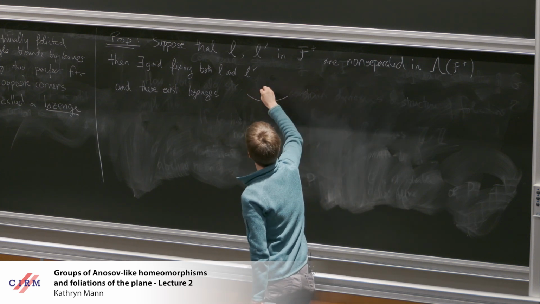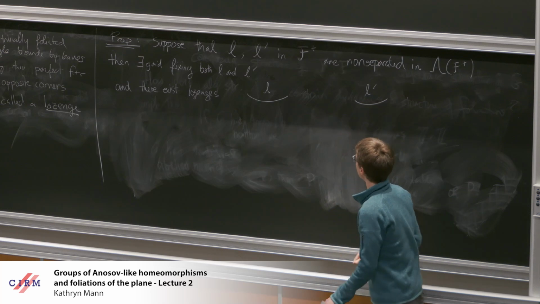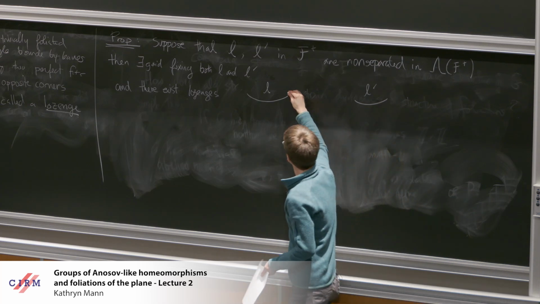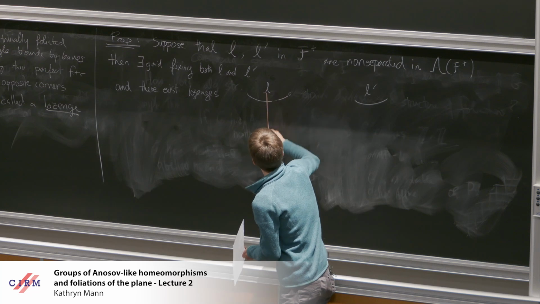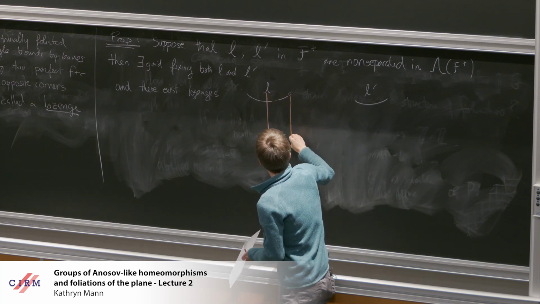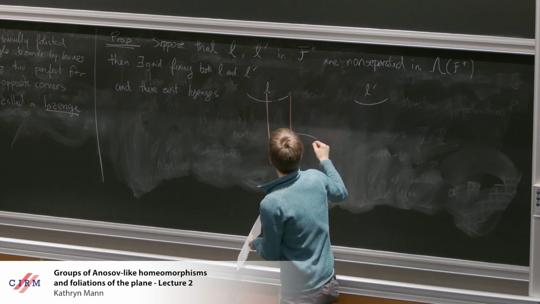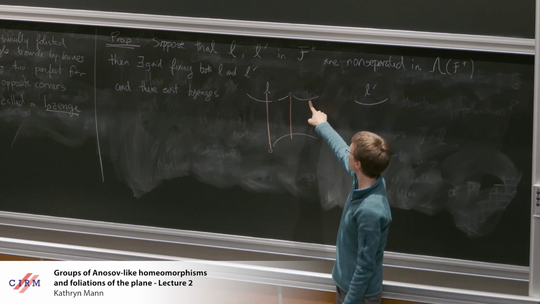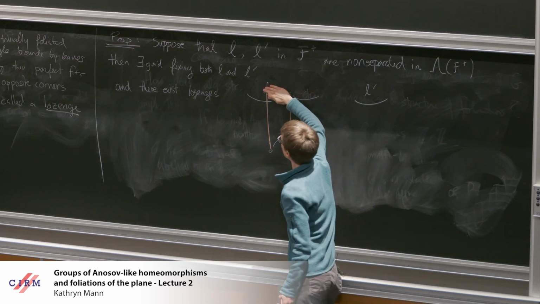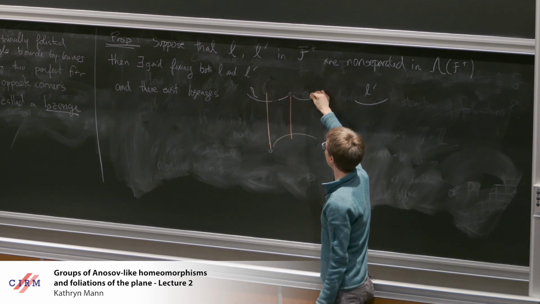So here is L. Here somewhere else is L prime. I've been color coding this. Lozenge here, and a non-separated leaf adjacent to it. This could already be L prime, and I'm happy.